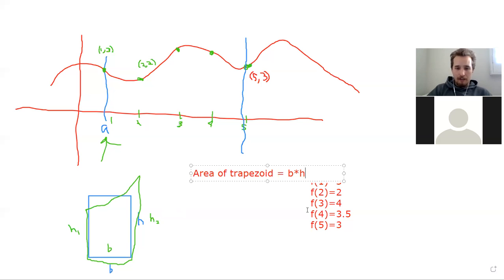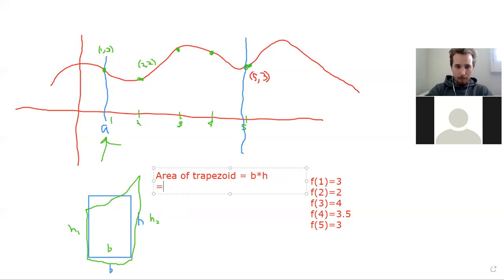So instead, we realize that the area of a trapezoid is going to be equal to the base, but the height is going to be the average of height 1 plus height 2.